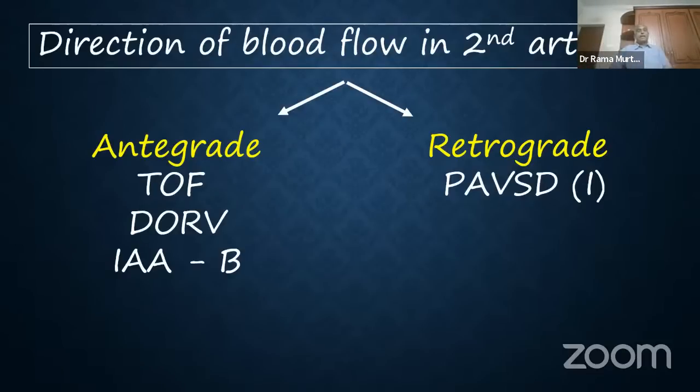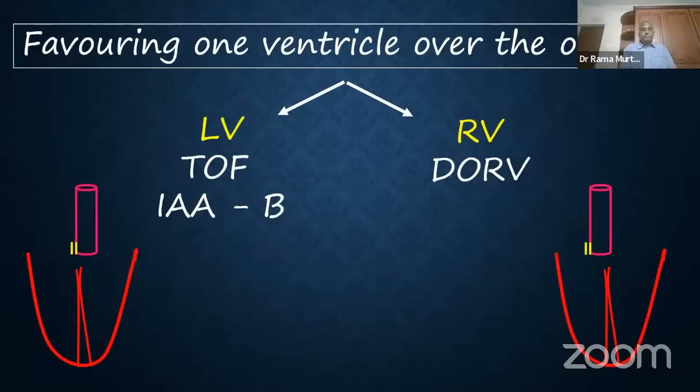But in the second artery, it is antegrade in TOF, DORV, in interrupted aortic arch, but it is retrograde in pulmonary atresia with VSD type 1, right? So therefore, whenever the pulmonary artery is atretic, then you will have a reversed flow into the pulmonary artery through the ductus venosus, right?